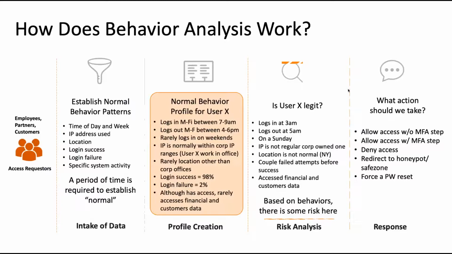So hopefully through this example and the past couple slides, you can see the power of this behavior analysis via machine learning and the ability to detect abnormal behavior that could be an indication of a cyber attacker or even a hard-to-detect insider threat. So we can go to the next slide, please.